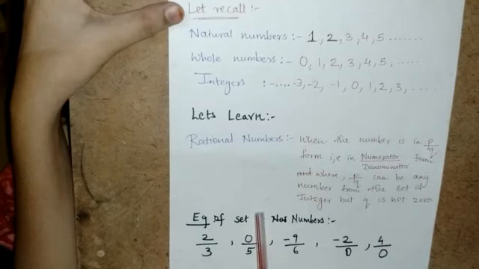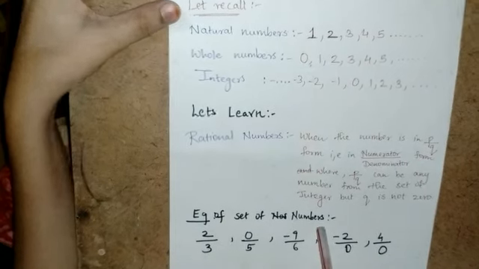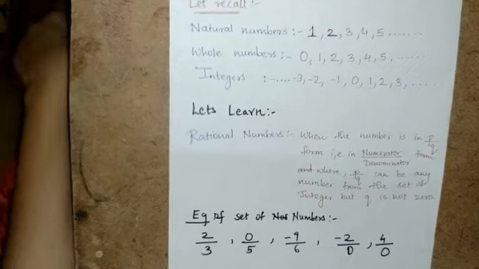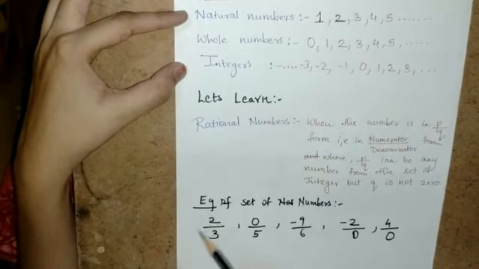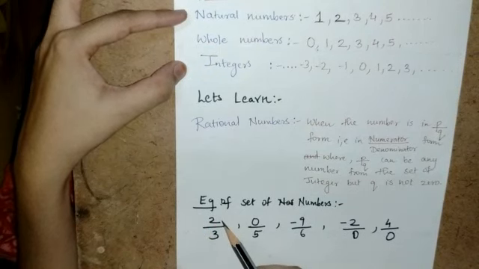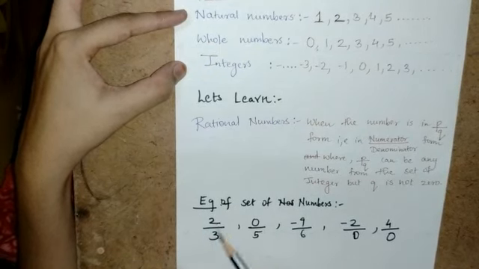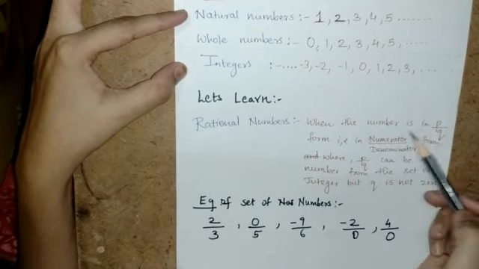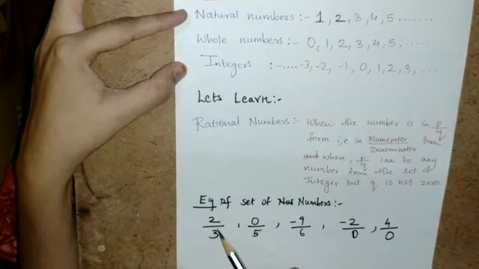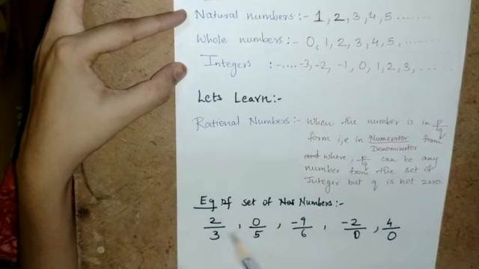For better understanding, let us take some examples of numbers. So 2 by 3. Is this 2 by 3 a rational number? Let's see. 2 by 3 is in p by q form, so the first condition is satisfied. Now the second: the denominator should not be equal to 0.